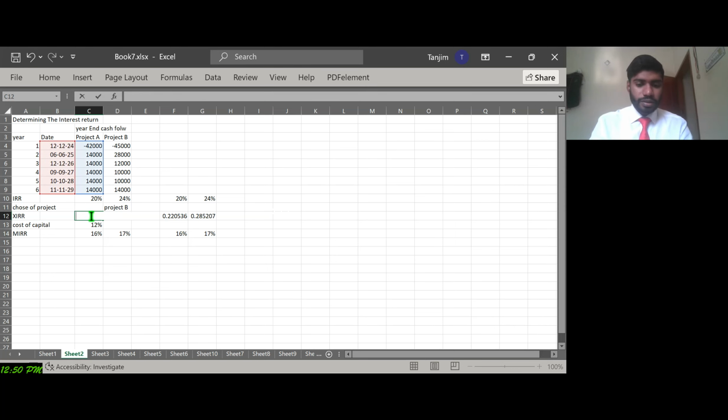Then we see the XIRR, so we firstly try to calculate it. This is equal, XIRR, and then press first bracket and the values. Here the values are C4 to C9, and then comma and then the dates. Here the dates are B4 to B9, and then press enter.